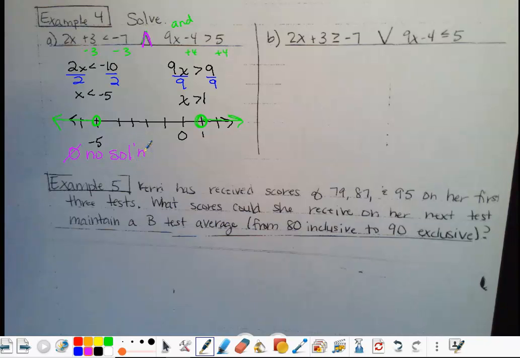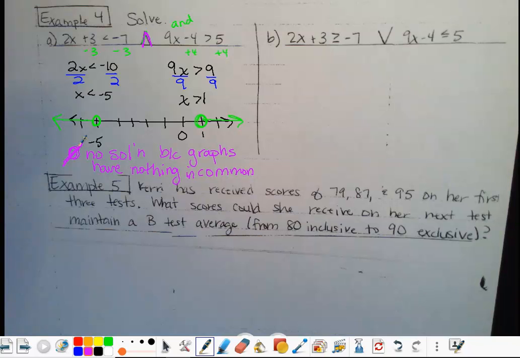Okay, because the graphs have nothing in common. All right, so we would put this O with a slash through it for no solution. All right, so that's our answer there.